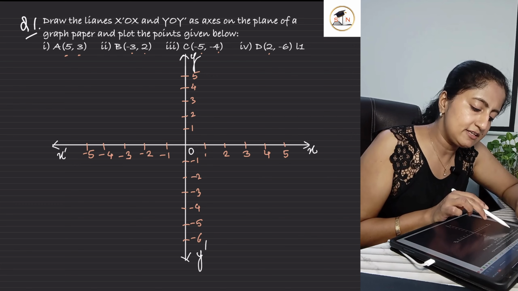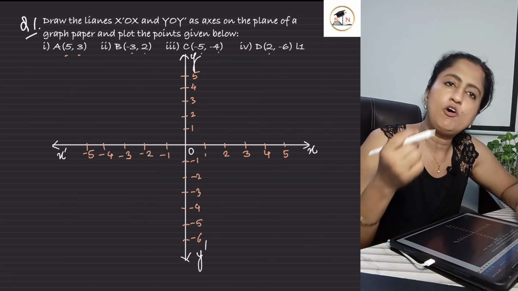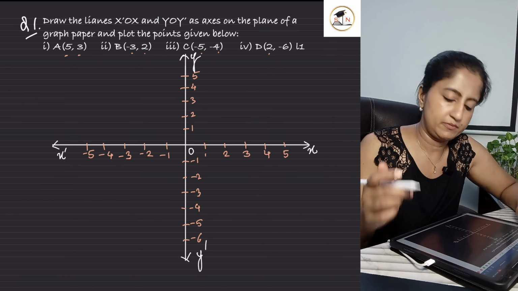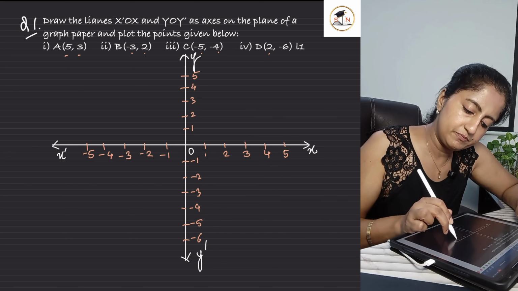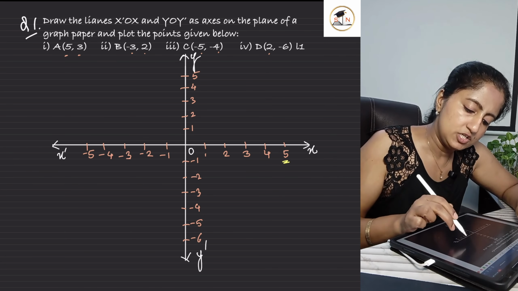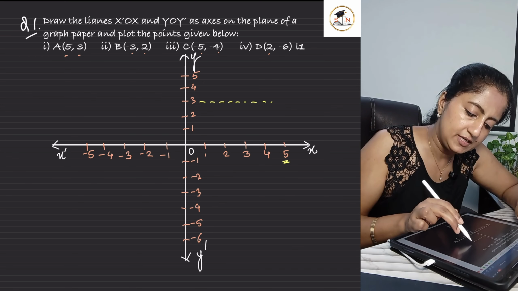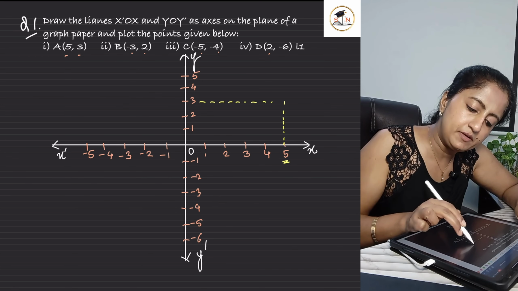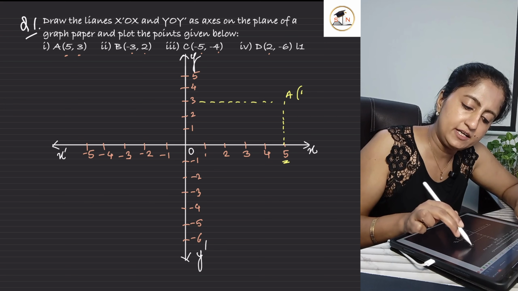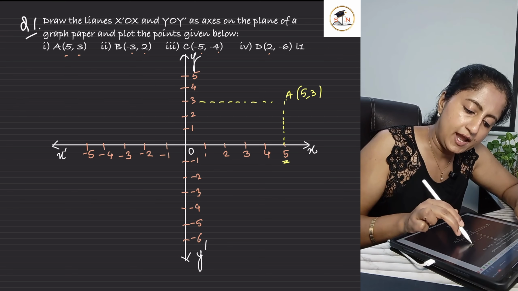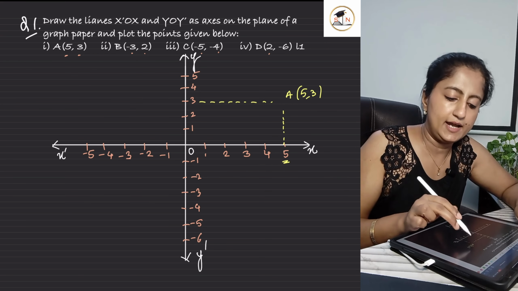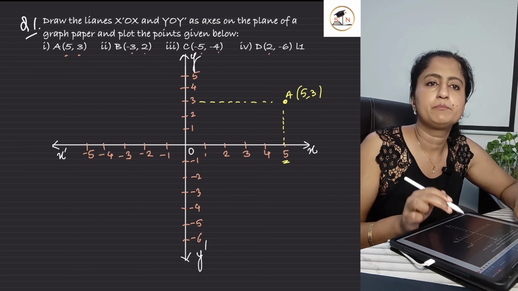The first point is (5, 3). So it's always that x comes first, right? So 5 is over here and then 3 is over here. So what we need to do, we have to join them like this and it comes out to be A, and we will write (5, 3) over here and you will highlight that point. Okay.